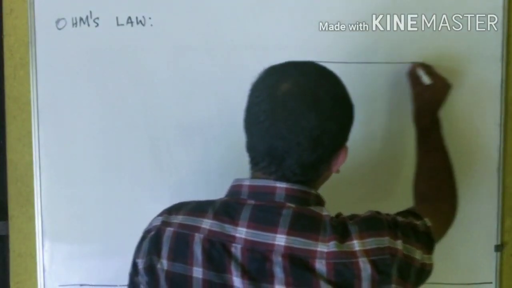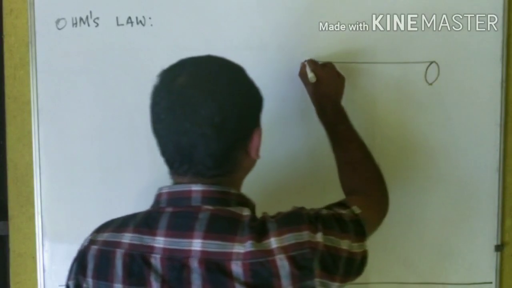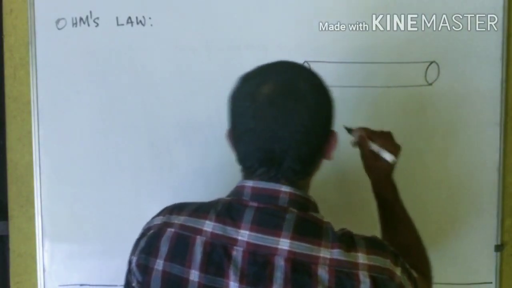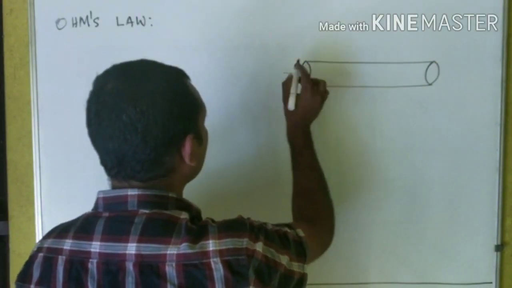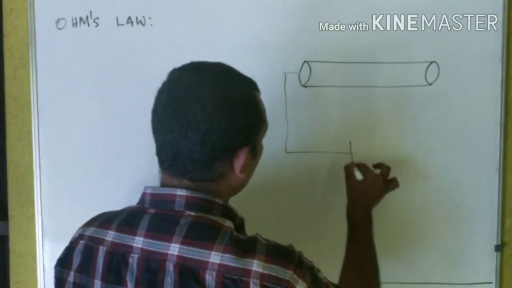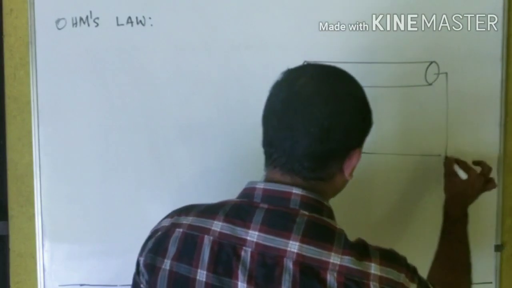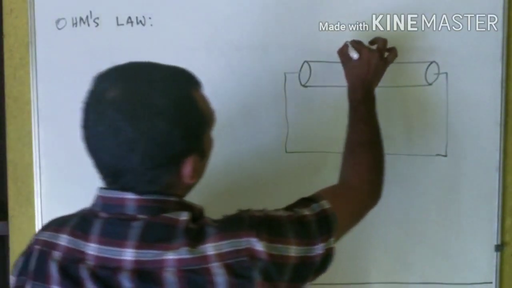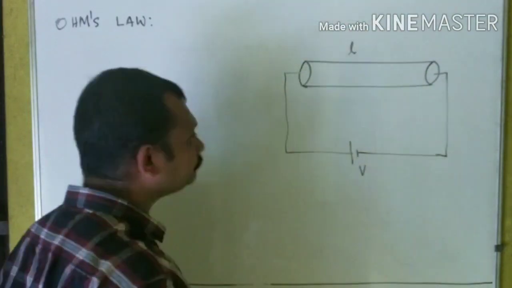Consider a conductor of certain cross section connected to a supply, say a potential V. Let L be the length of the conductor.